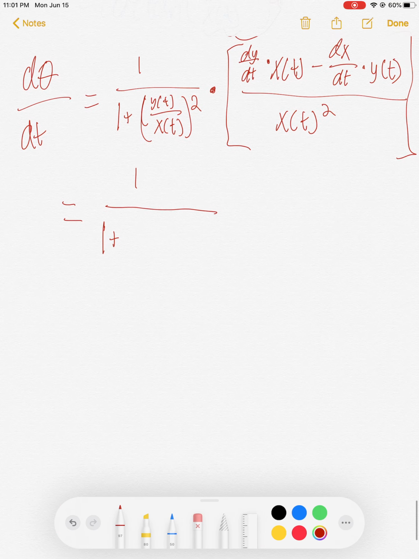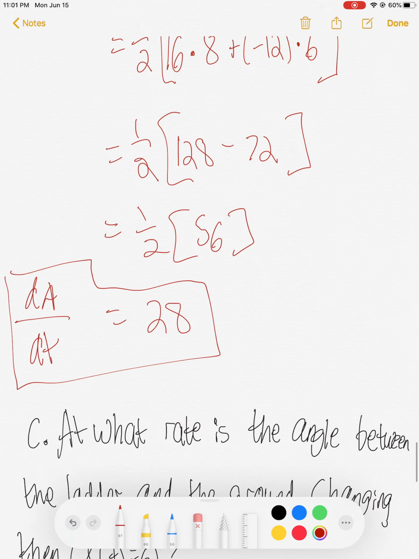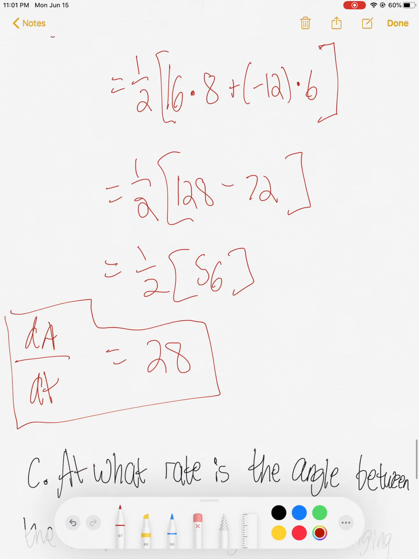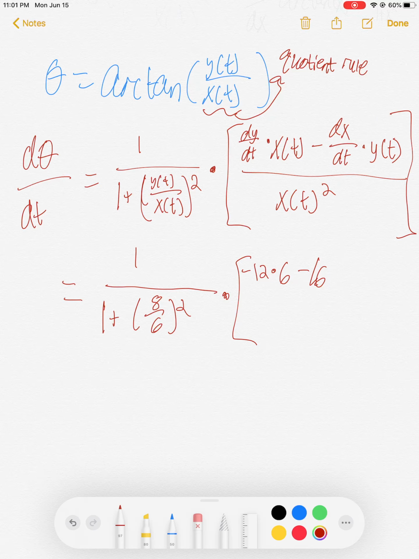Okay, and again, this looks fairly messy, I'll admit. It's not the cutest, but it is all information which we have. So we can go ahead and just plug in some values. 1 over 1 plus, okay, y of t was, we're going to have to go back to all these things that we computed. So y of t was 8 and x of t was 6. So let's go ahead and put that in here. So 8 over 6, and yeah, we can simplify that.